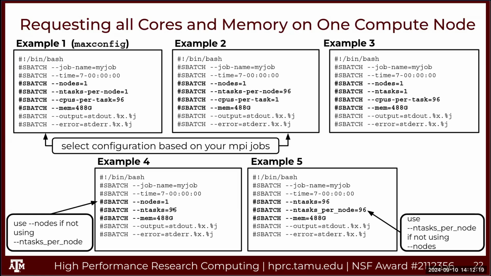Slurm knows that you want to use all the CPUs on one node. So ntasks defaults to one core, so you're basically using 96 cores on one node. If you use ntasks-per-node instead of nodes, then you can use ntasks of 96, for example, and ntasks-per-node of 96. So now Slurm knows you only want to use one node.